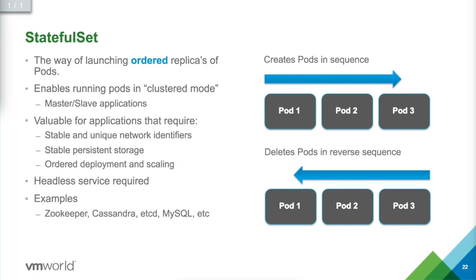Thanks to this characteristic, if you allocate persistent storage to these pods, you have the guarantee that if any of those pods goes down and needs to be rescheduled, the new replacing pod will keep the same identity as the previous one and will access the exact same persistent volume.